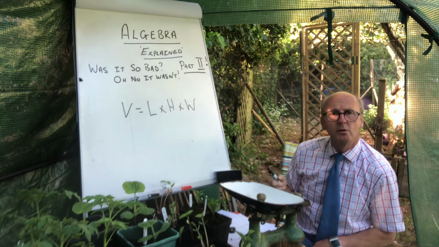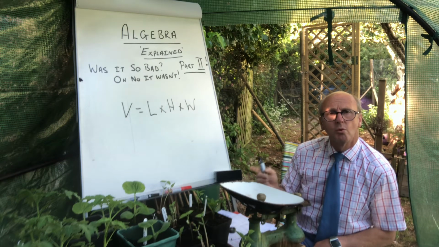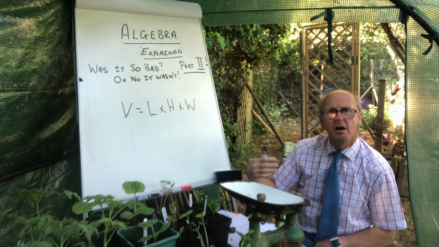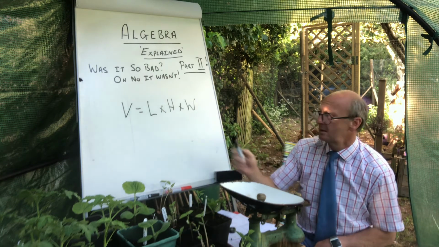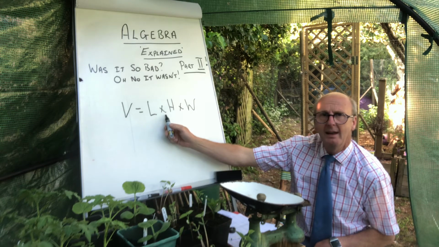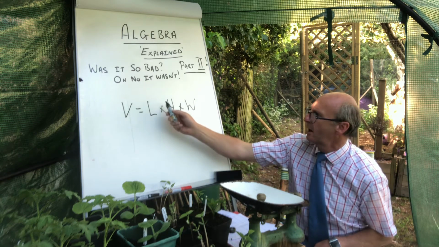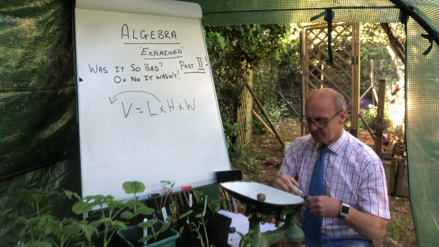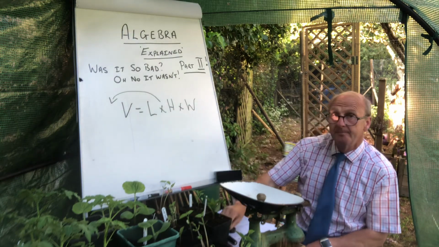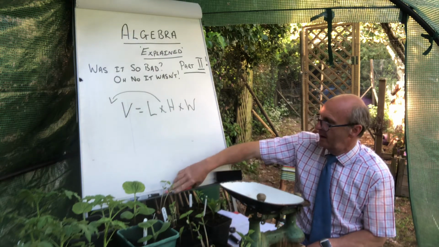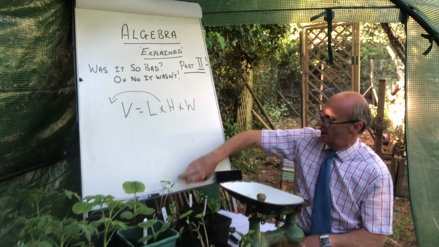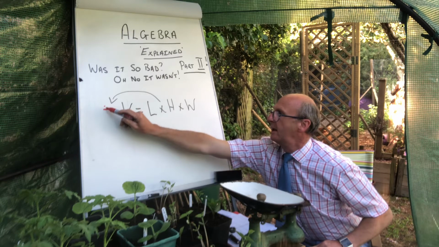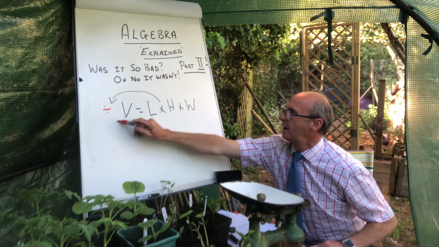When we have multiply, we swap sides from the equals and we swap signs. Now that means that if it is multiply here, it becomes what over there? What's the opposite of multiply? Thank you. It's divide. So it becomes divide here or here.